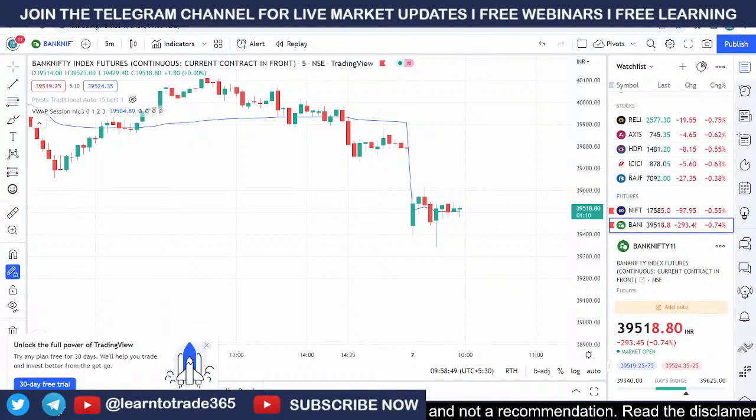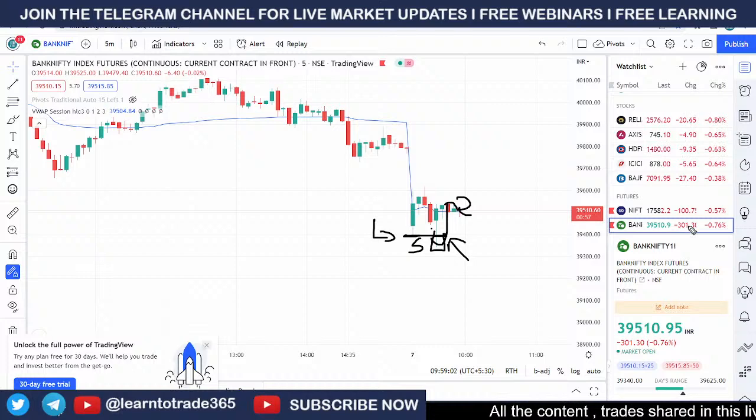One thing is clear: the morning trap is done below this morning low, the trap is done here, and those traders who are just looking at the 15-minute breakout and blindly taking a short side trade are already under pressure. They are already facing a 100 points loss on the bank nifty.